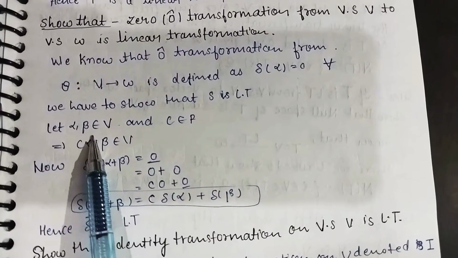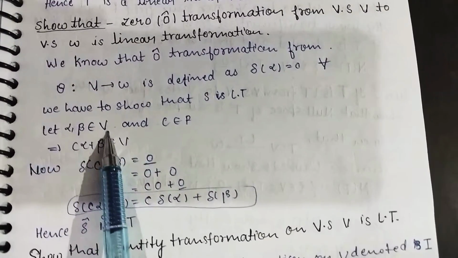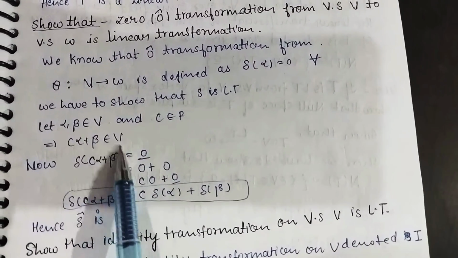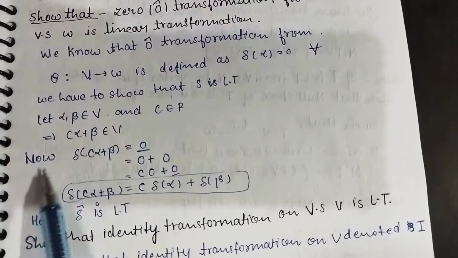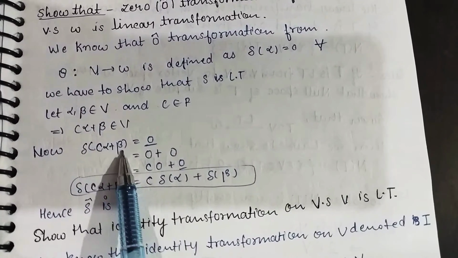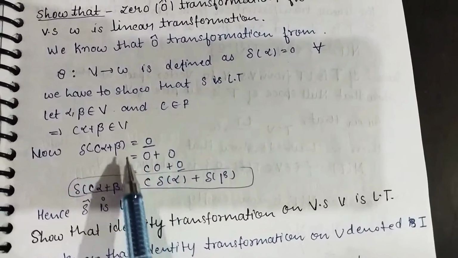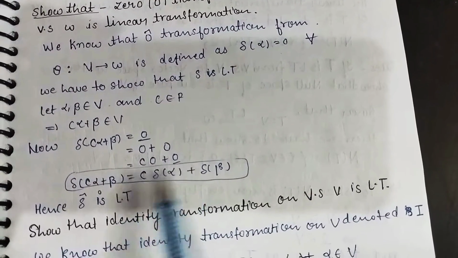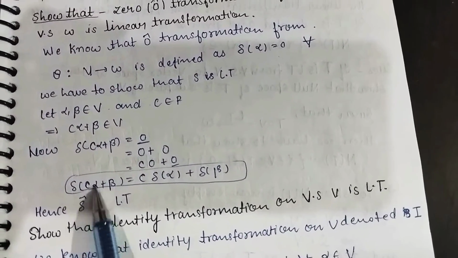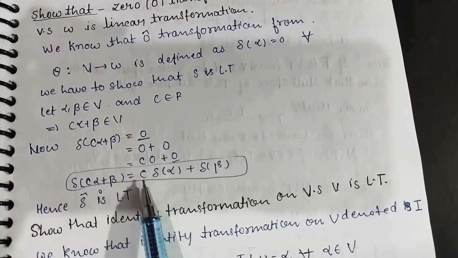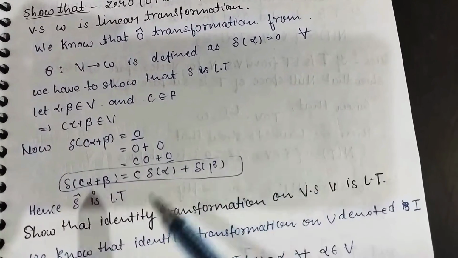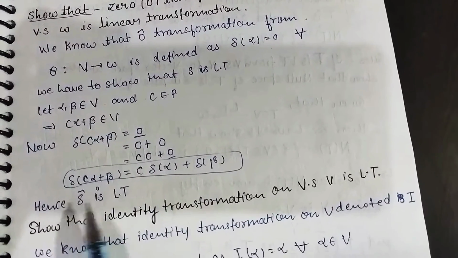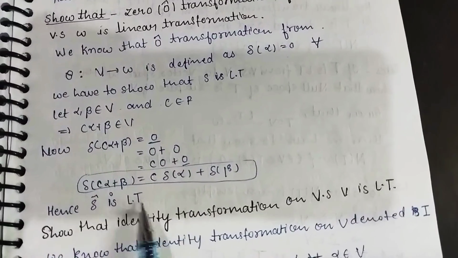Let α, β belong to V and c belong to F. cα + β is also in V. Now θ(cα + β) = 0, so 0 + 0 is also 0, and θ(cα + β) = cθ(α) + θ(β). Hence the zero transformation is a linear transformation.